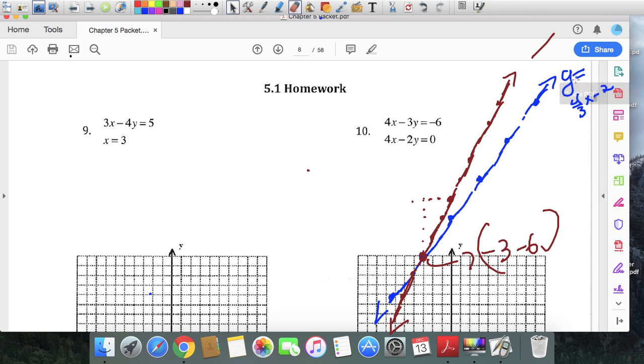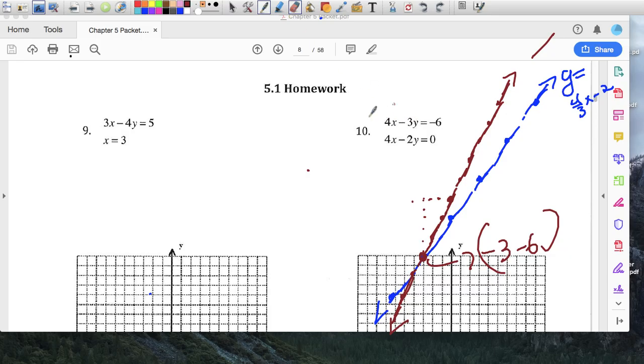You can use the one you changed to slope-intercept form to check. I'm going to go back to the original one because there are no fractions. If I take the first equation and replace the x and the y with -3 and -6, it should make that equation true. So let's see.